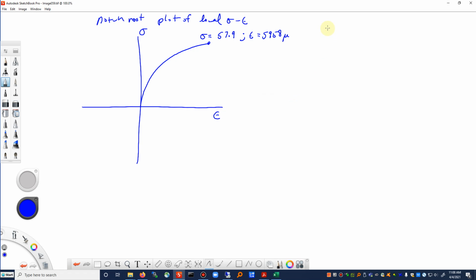So we're at 57.9, and we're going to take away the delta sigma, which I got 60.5.